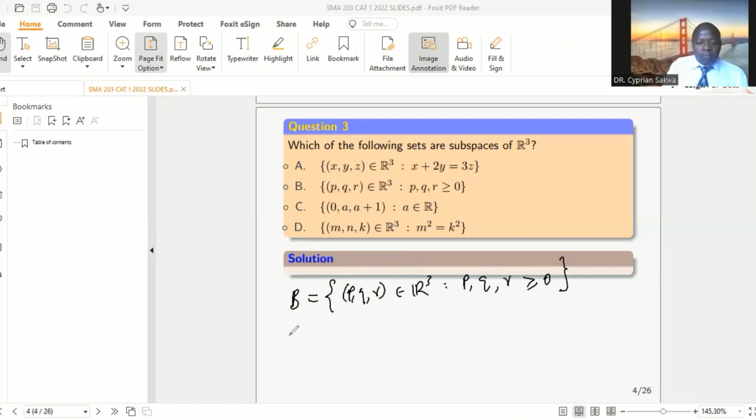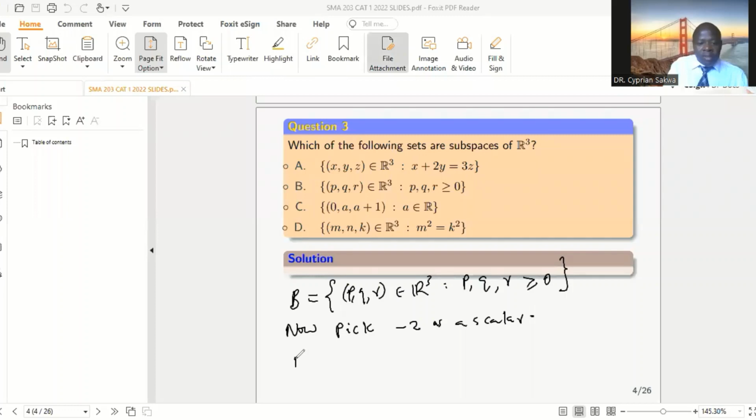Now I want to say that this set here is not closed under scalar multiplication. For instance, pick a negative scalar, any negative scalar.